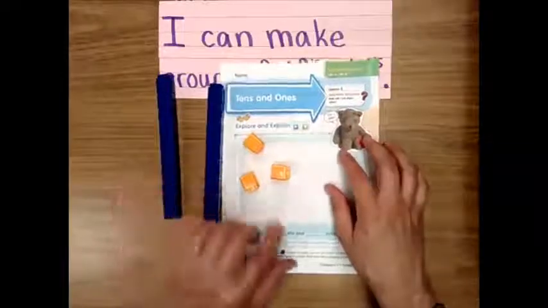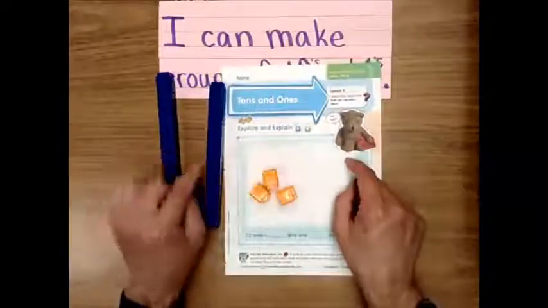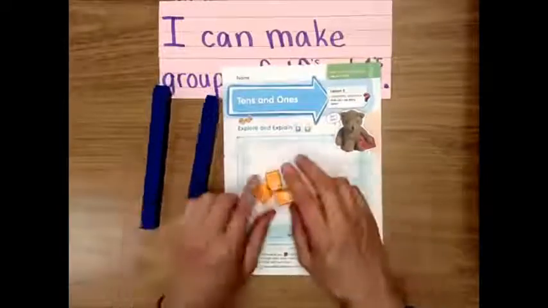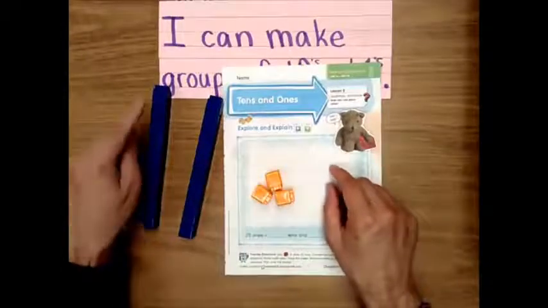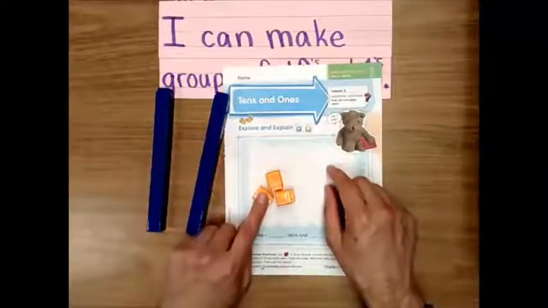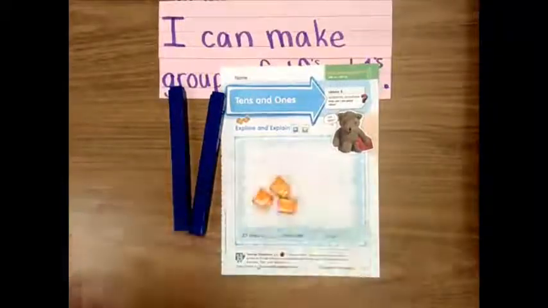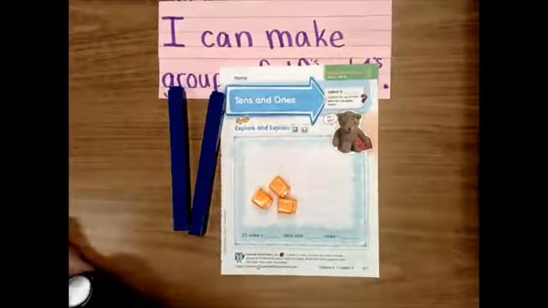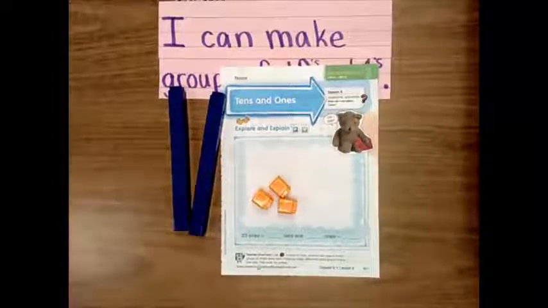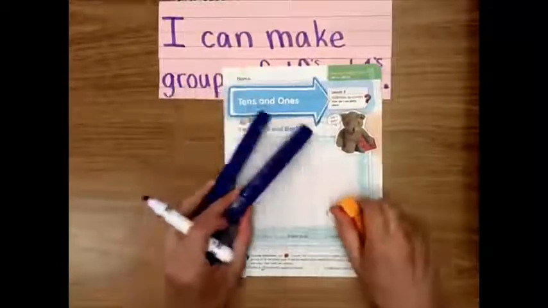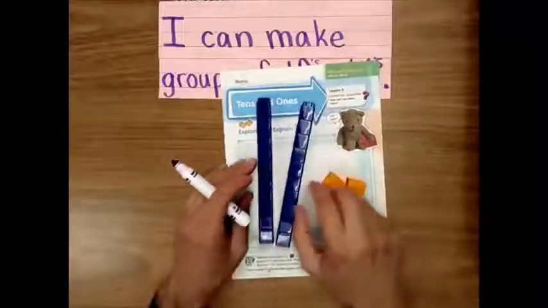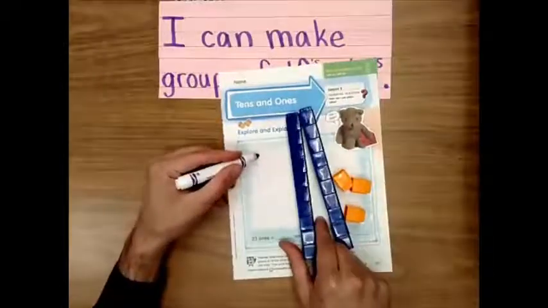Okay, so you may not have enough of these blocks at home, so I'm going to show you how to draw a 10 stick, and I'm going to show you how to make some 1s. So when you're drawing these as a 10 stick, you can do this. Because I have 2 10s and 3 1s, a 10 stick looks like this.